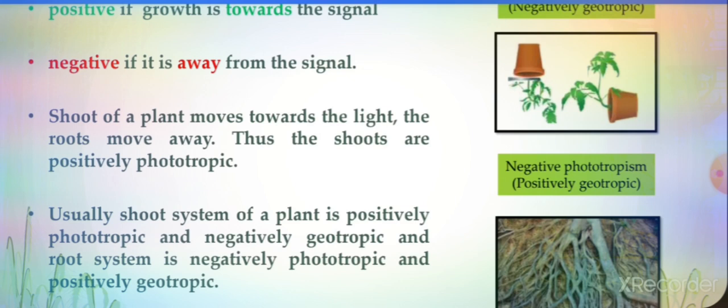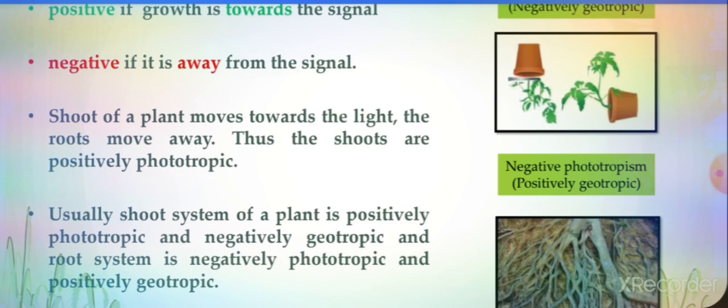The principle is auxins. Auxins help in the curvature of the stem tip, or otherwise the coleoptile. That is the sheath covering the plumule. Plumule is the embryonic shoot, I told you in the last class. So that coleoptile will grow towards the light.